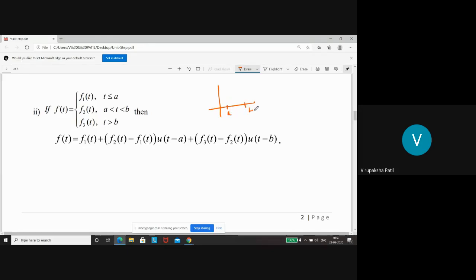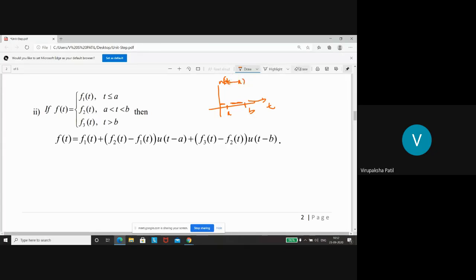In the first part it takes f1, in the middle part f2, and above this f3.